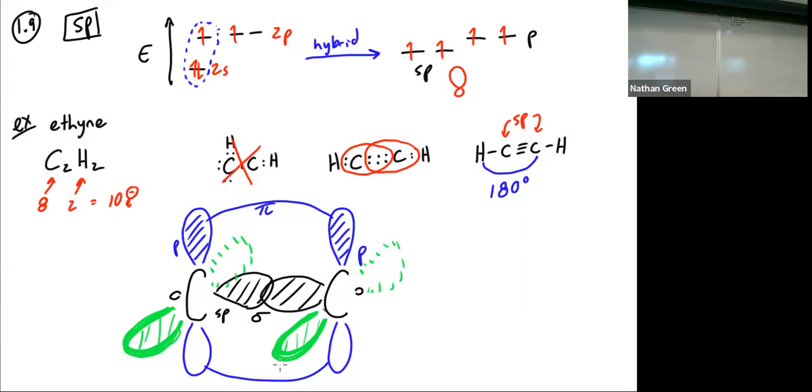I think maybe it's easier with my little hand puppets here. P orbitals facing up and down, that's in blue. P orbitals coming in and out of you, that's in green. Pi bond going this way. Pi bond going this way.